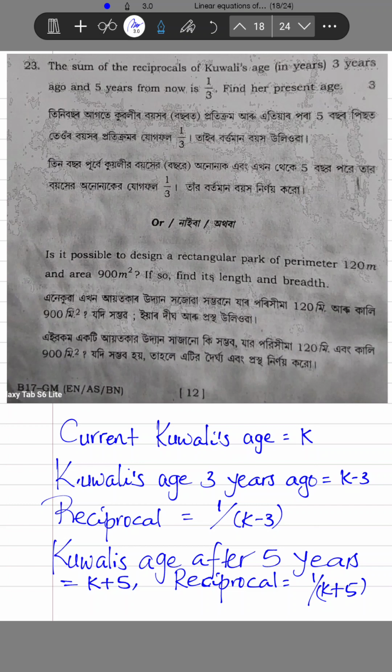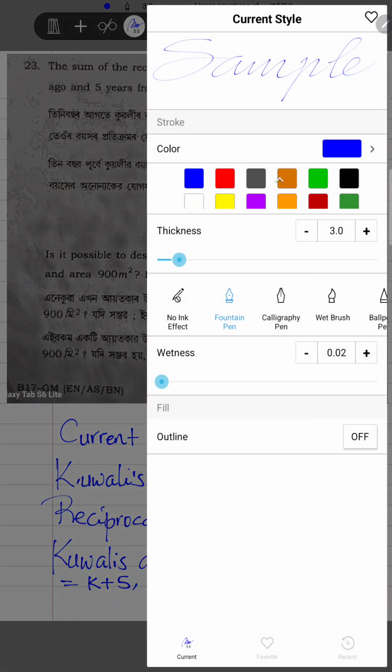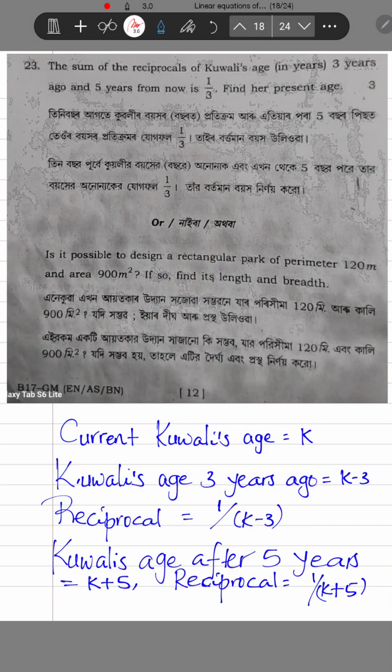The current Cavalli age is, let's say, K. Once we have assumed the current age as K, then Cavalli's age 3 years ago is going to be K minus 3. That is just 3 years before.